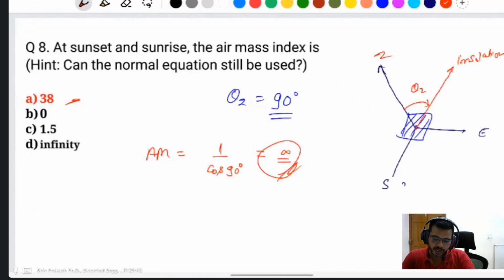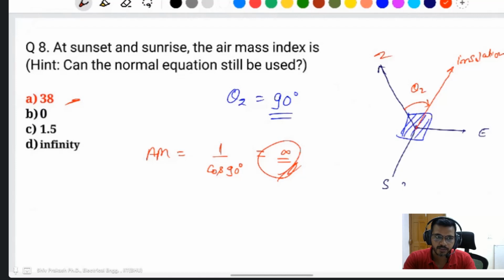Because we define the length by length also, the length of the insolation axis to the length of the zenith axis. So the length will not be infinity at that point.